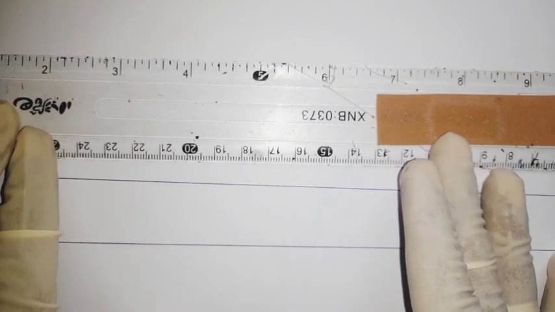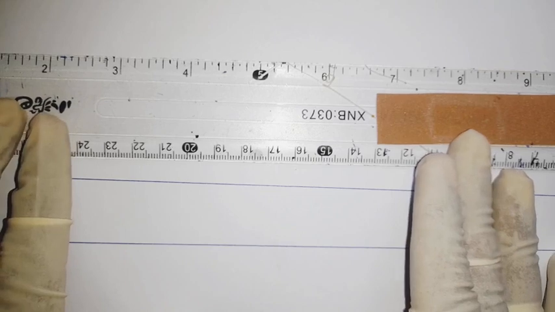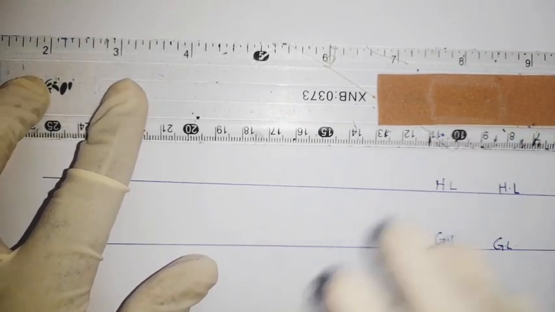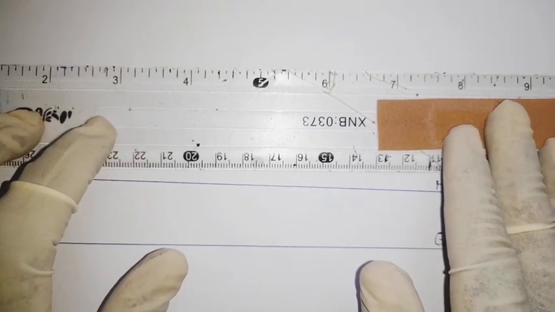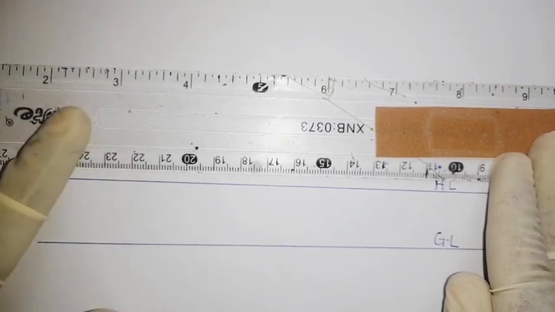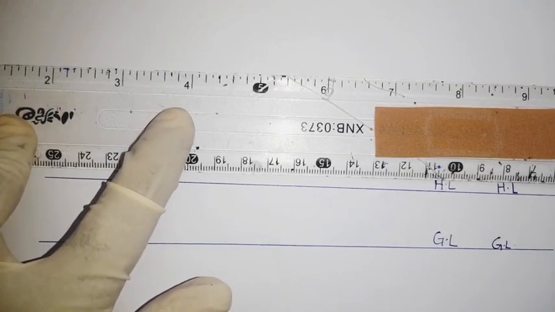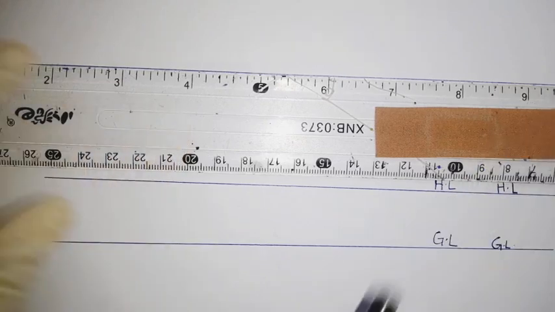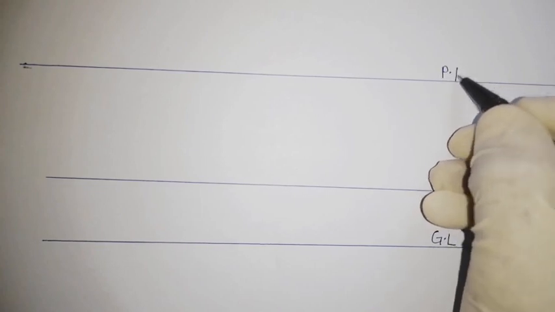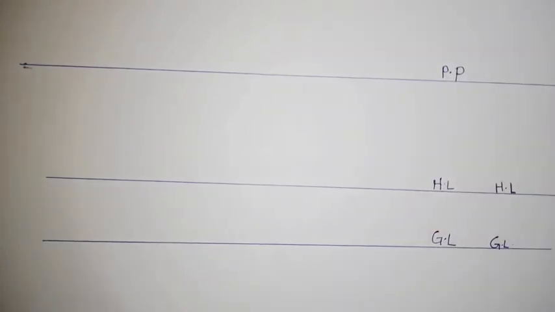We don't restrict it to any position. We are going to draw a picture plane somewhere here, and we see how we are going to place a plan on our picture plane. So this is our picture plane. It's also a straight line, another straight line. So we are referring to this line as a picture plane, PP.